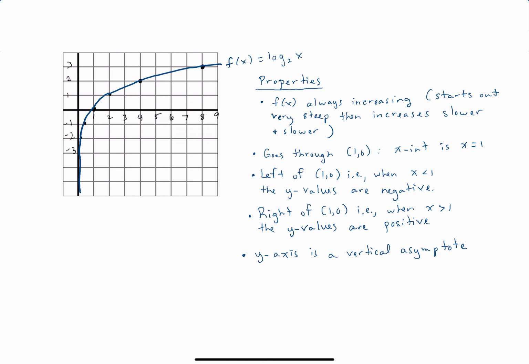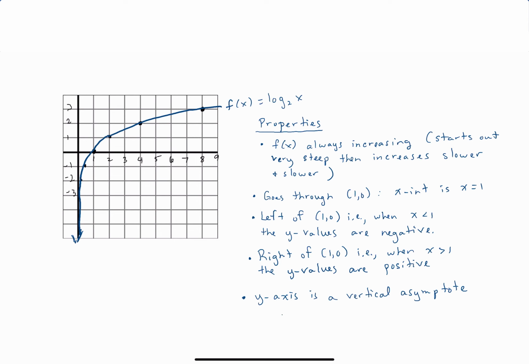More negative y values. So going down this way, if you let your y values go down through the negative numbers, you keep getting smaller and smaller fractions for your x value, which squishes the graph up against the y-axis.